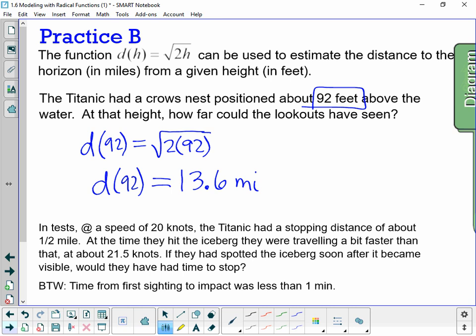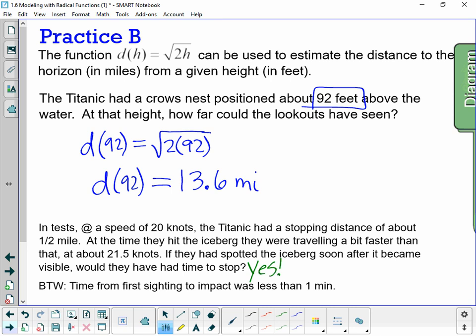In tests, at a speed of 20 knots, the Titanic had a stopping distance of about a half a mile. At the time that they hit the iceberg, they were traveling a little bit faster than that, at about 21.5 knots. If they had spotted the iceberg soon after it became visible, would they have had time to stop? I think for sure, yes.